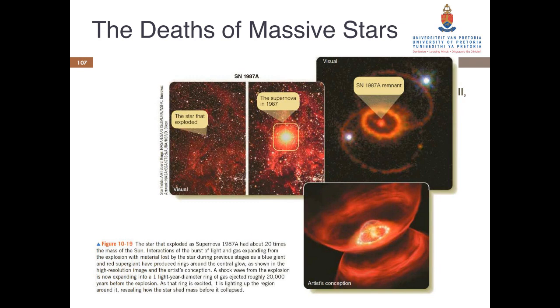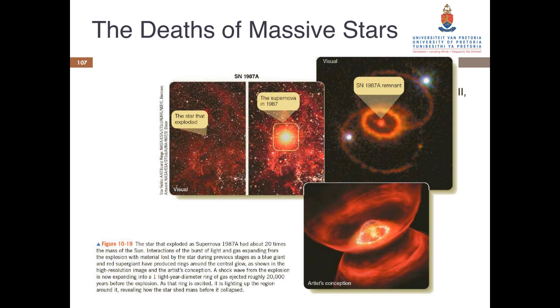Here we can see the star that exploded as supernova 1987A had 20 times the mass of the Sun. Interactions of the burst of light and gas expanding from the explosion with material lost by the star during previous stages as blue giant and red supergiant have produced rings around the central glow, as shown in the high-resolution image and the artist's conception.